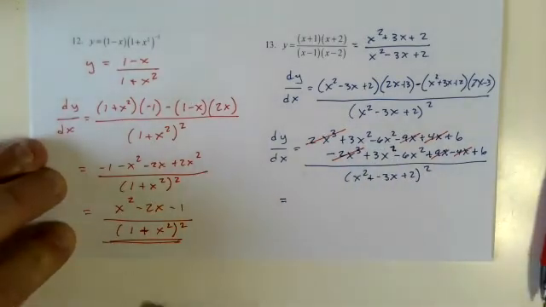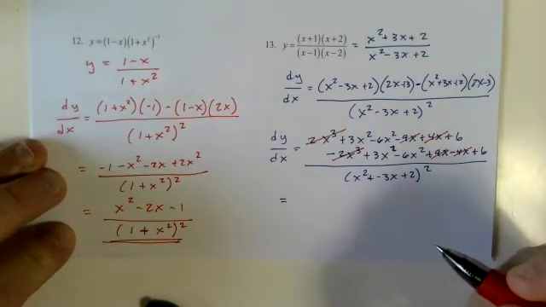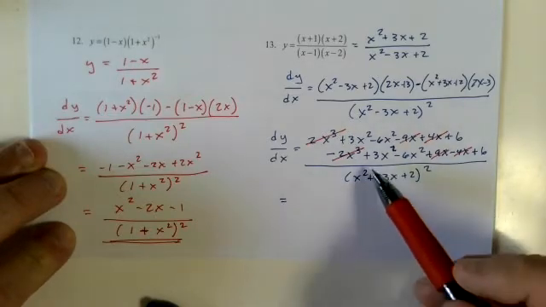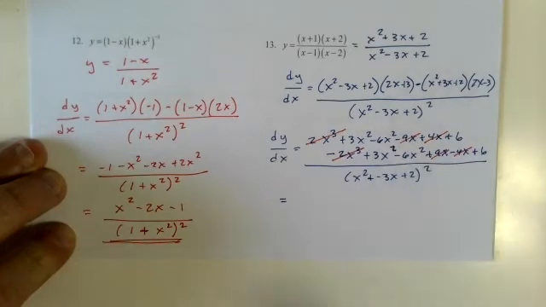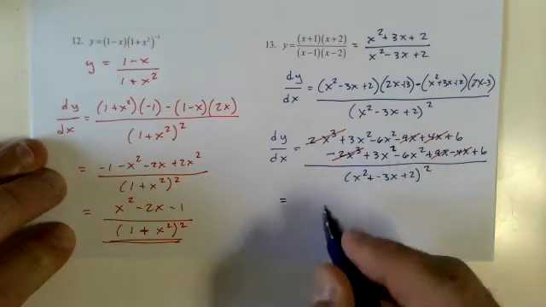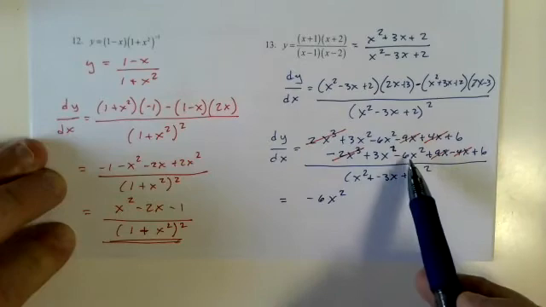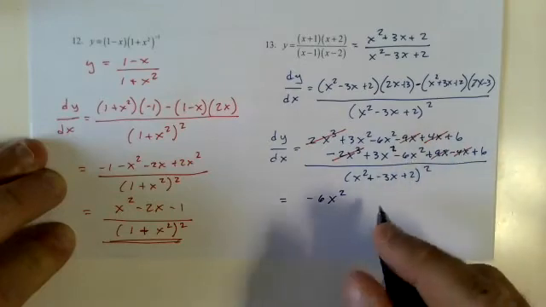Oh, goodness gracious. They all cancel. There's more than one. All right. Negative 3x squared, negative 3x squared. That's negative 6x squared. That's you, that's you, that's you. Plus 12.